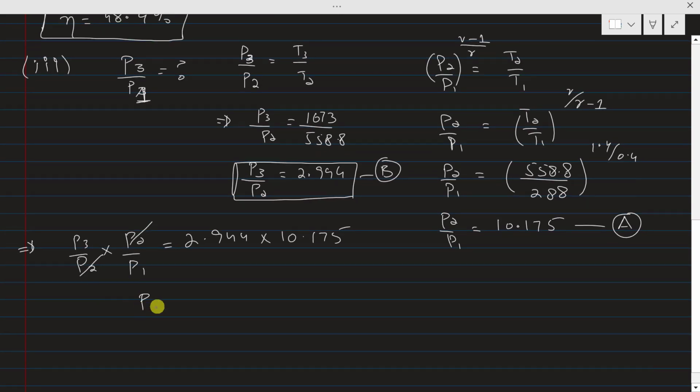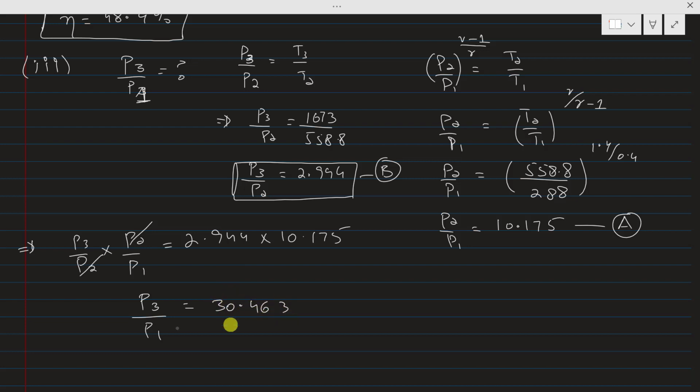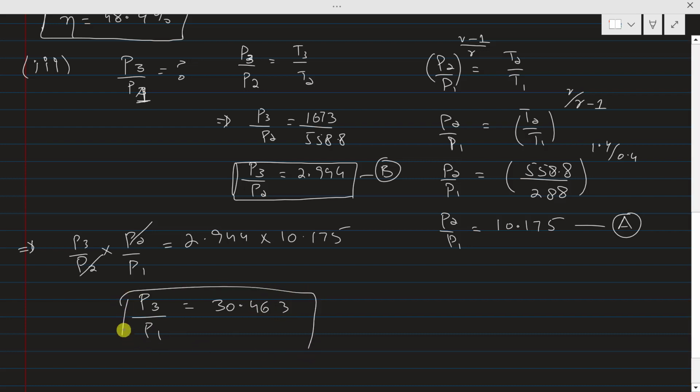So the maximum pressure to the minimum pressure ratio you will get is 30.46. So the maximum to minimum pressure ratio of the cycle is 30.463. The maximum pressure you will get at point P3, as I already mentioned, and the minimum pressure you will get at point P1, and their corresponding ratio will be 30.46.